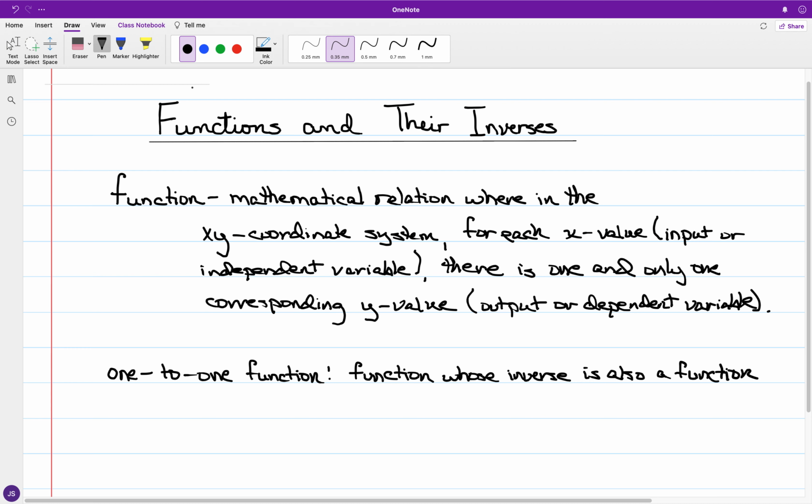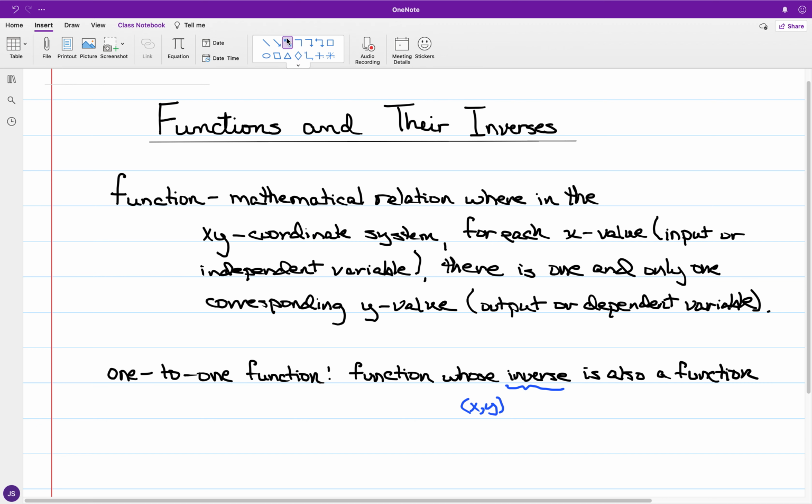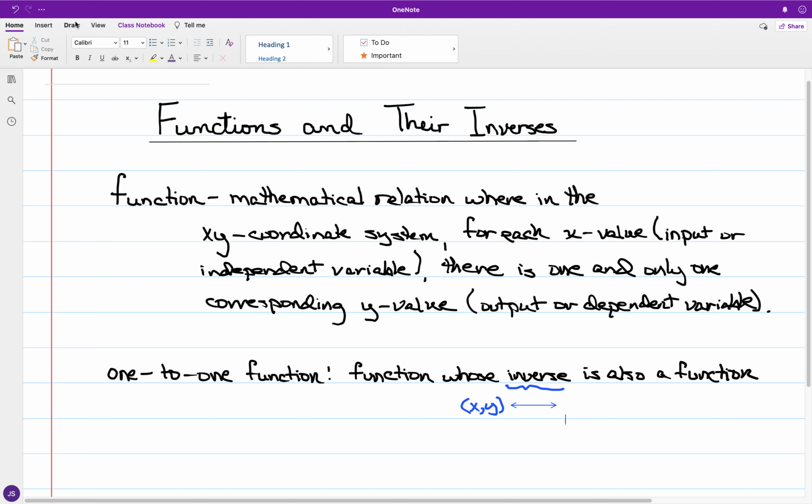And what I mean by inverse, not in the sense of multiplicative inverse, like 3 over 4, 4 over 3. What I mean here is that with inverse, you have essentially swapping out or interchanging the x and y variables.